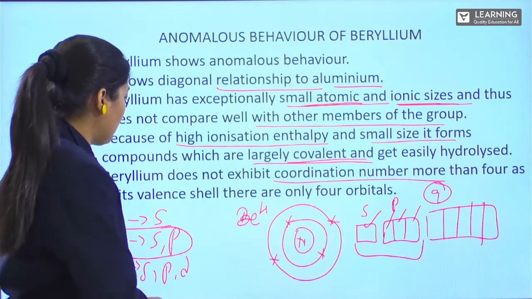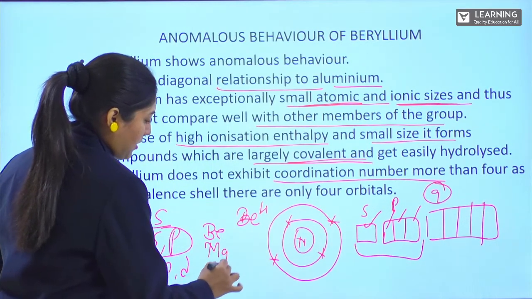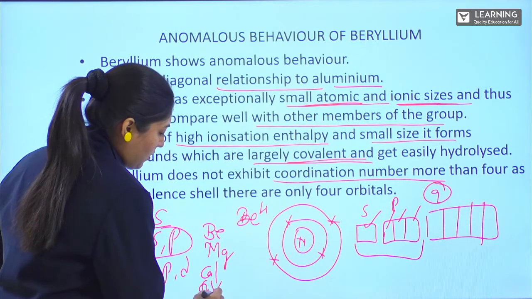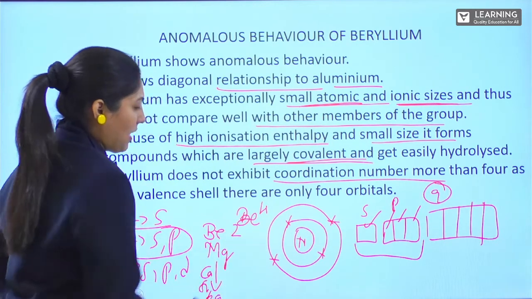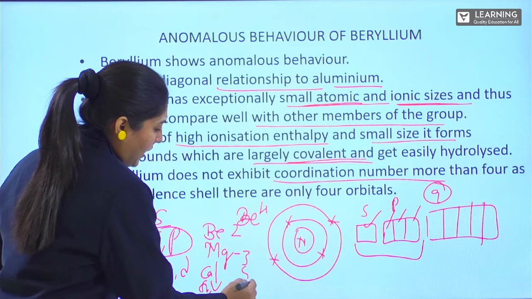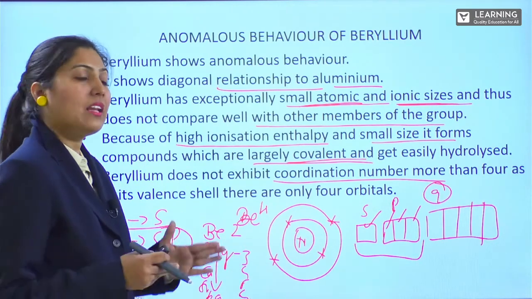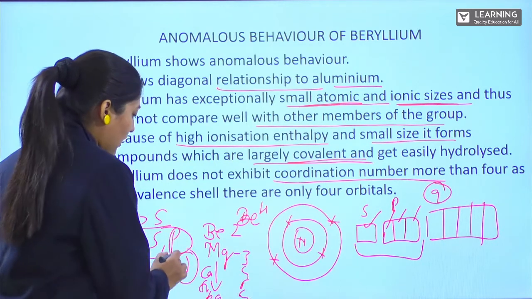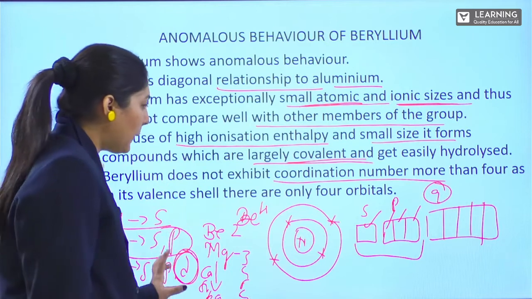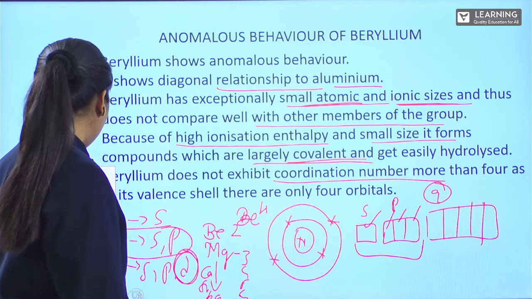So what happens with the other elements, the first beryllium, magnesium, then calcium, strontium, barium? What happens down the group? Here it will have only 2 orbits. Here 3, 4, 5, 6, 7. So down the group, they will have d orbitals, and this d orbital in the valence shell will make them form more coordinate bonds.